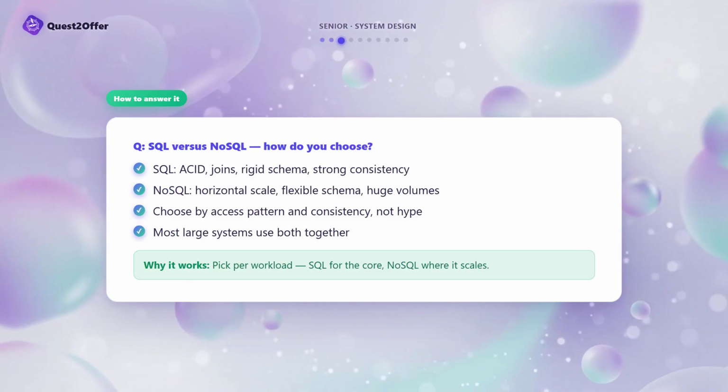NoSQL trades that for horizontal scale and flexible schemas, great for huge volumes or simple access patterns like event logs. Choose by your access pattern and consistency needs, not by hype. And remember, most large systems use both: SQL for the core, NoSQL where it scales.